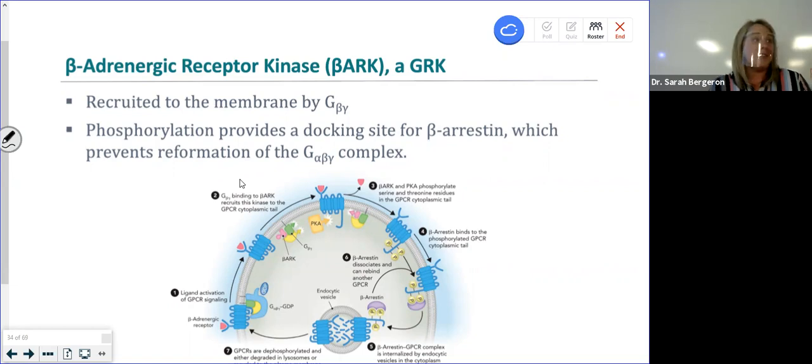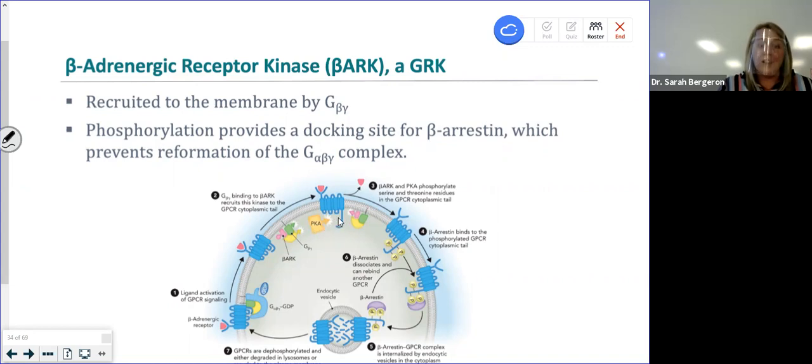It's a kinase. So it is a kinase that's going to phosphorylate the receptor, right? We're going to recruit this kinase, and it's going to phosphorylate the cytoplasmic part of the receptor. Once that cytoplasmic portion is phosphorylated, you can recruit some other things, like PKA, protein kinase A, another kinase.